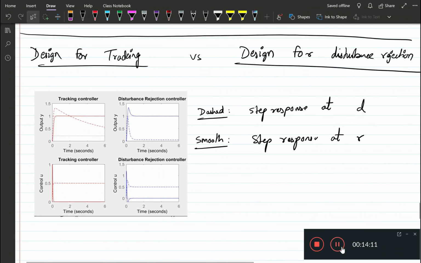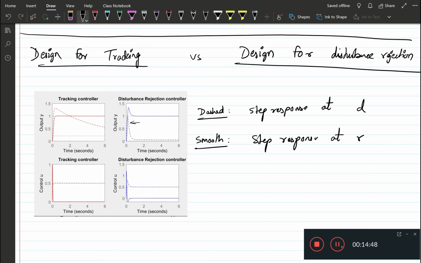So it is possible to design a controller that achieves the tracking requirements and a different controller that achieves the disturbance rejection requirements, and the step responses with these two controllers are shown here. So the dashed curves are the ones where the controller is good in disturbance rejection, that you can see by looking at the dashed curve here.